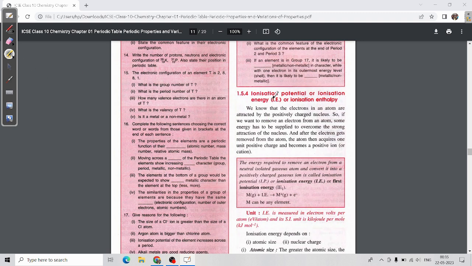If we are speaking of ionization potential, then we can use the unit eV per atom. If we are speaking of ionization energy or ionization enthalpy, then we have to use the SI unit, that is kJ mol^-1, meaning kJ per mole.